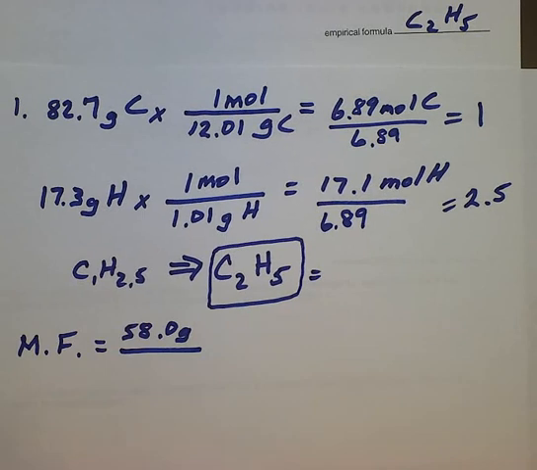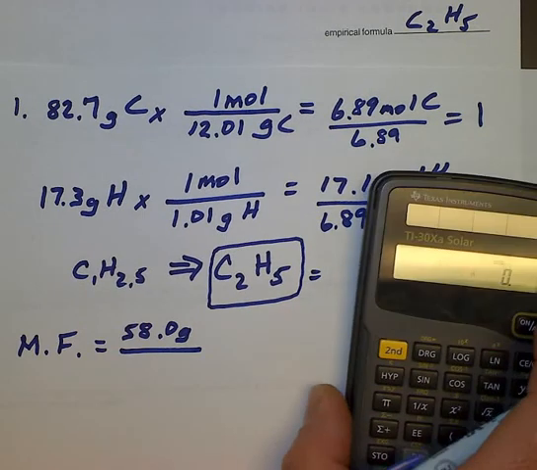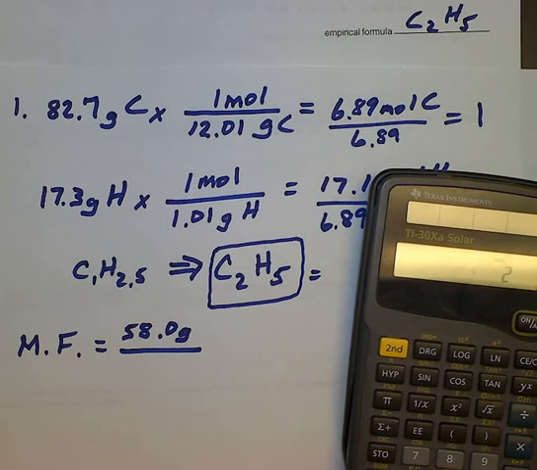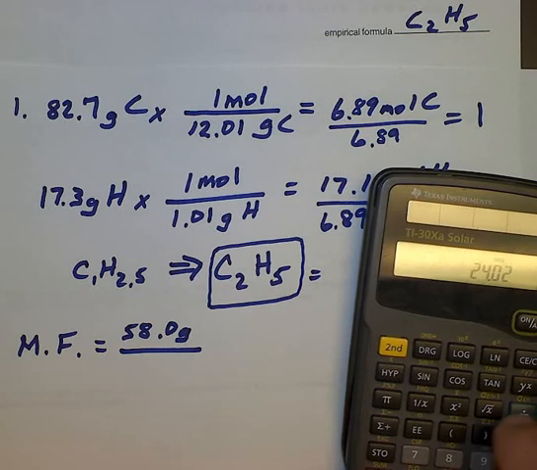12.01 times 2. That's our carbon. 24.02 plus 5 hydrogens. 5 times 1.01 is the molar mass for hydrogen. Just getting those numbers off the periodic table.